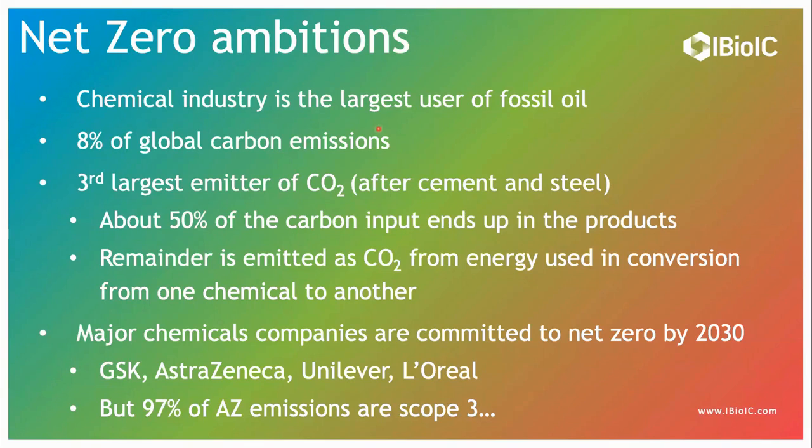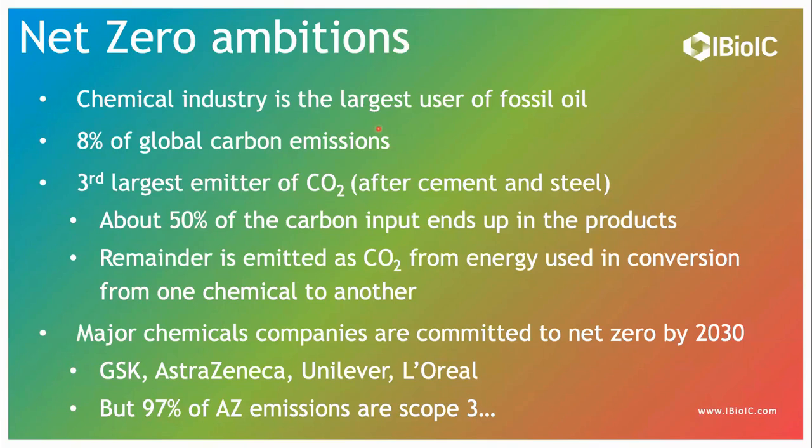And the reason why there's that discrepancy between the largest user and the third largest emitter is because about half of the carbon input ends up in the products, but the rest of that carbon is emitted as CO2 from the energy used to convert one chemical into another. And I'm going to try and explain that in a kind of schematic way in a minute.